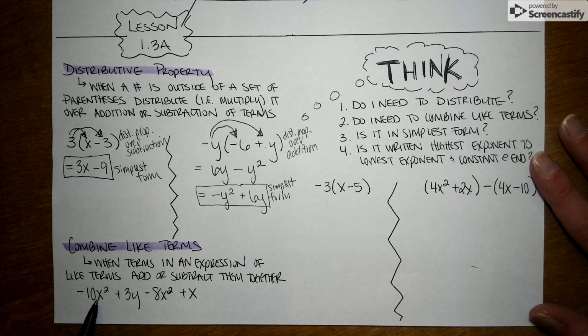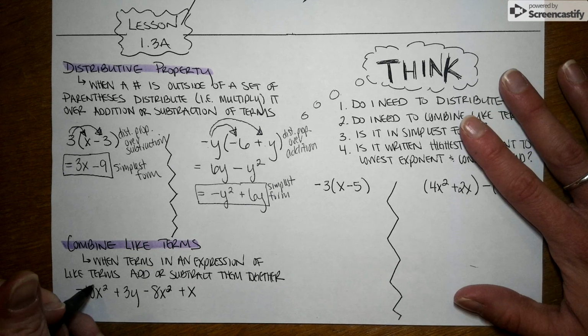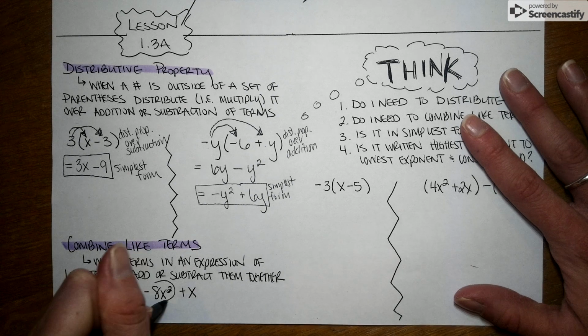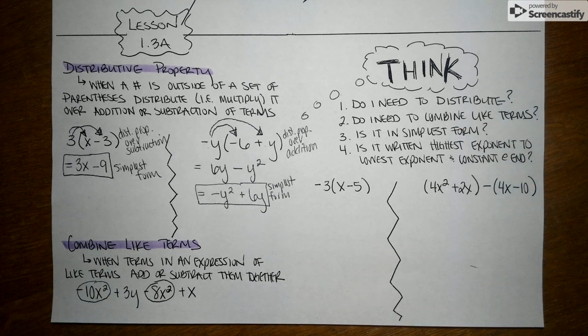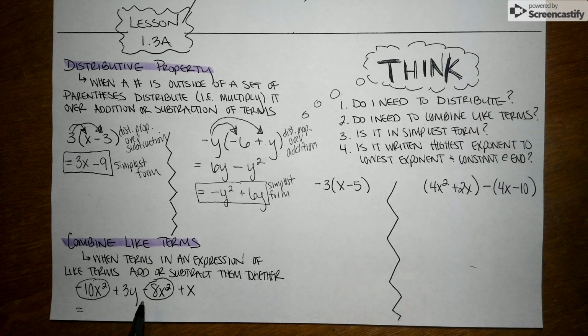The first term is negative 10x squared, second term is 3y, third term negative 8x squared, and fourth term is positive x. What stands out to me is that negative 10x squared and negative 8x squared have variables in common because they both have an x squared. So my first step here would be to combine these two terms.